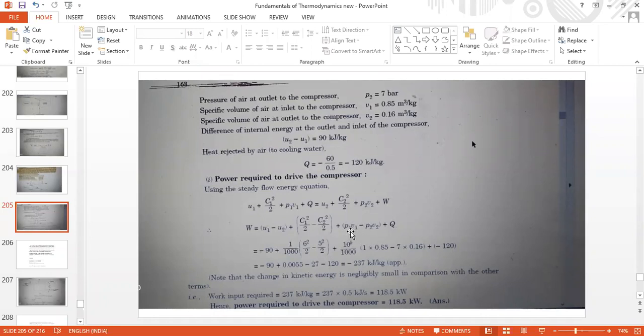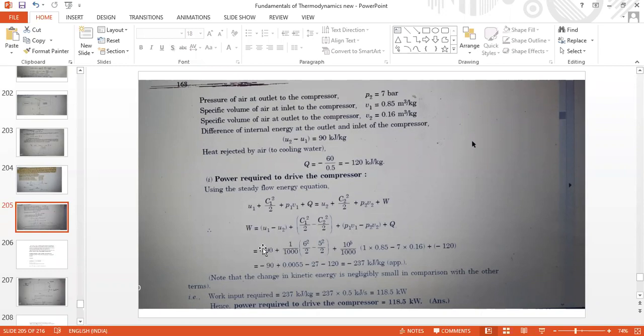So W is written like this, with C1 square by 2 minus C2 square by 2 plus P1 V1 minus P2 V2, and U1 minus U2 is written as minus 90, because U2 is greater than U1, U2 minus U1 is 90 given, and U1 minus U2 is minus 90.